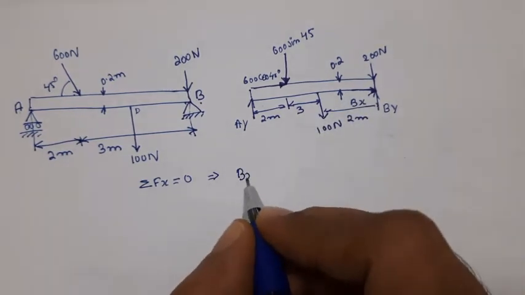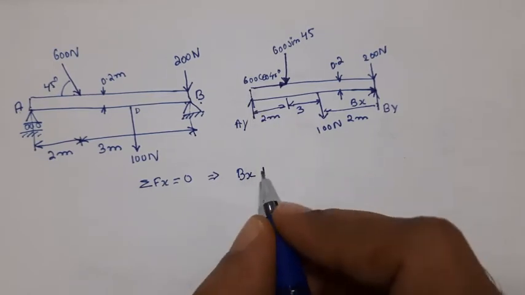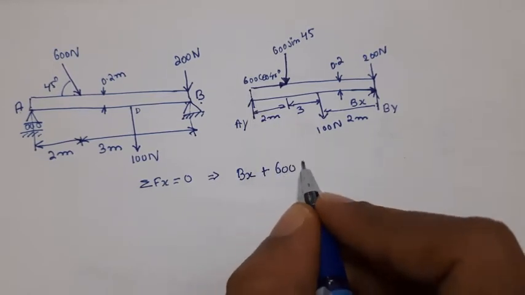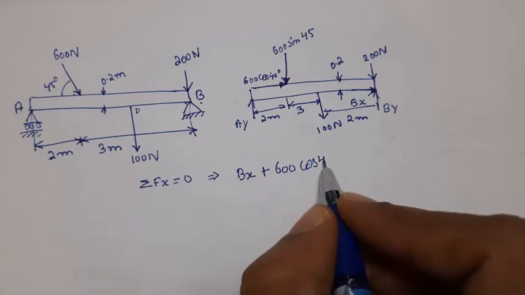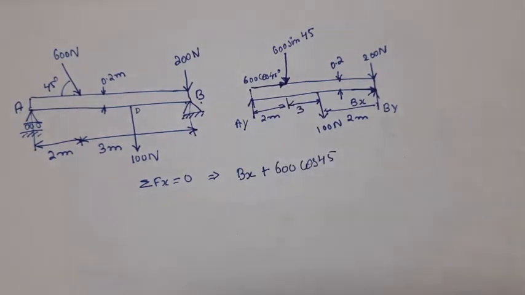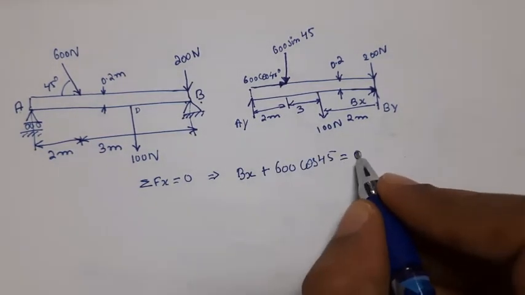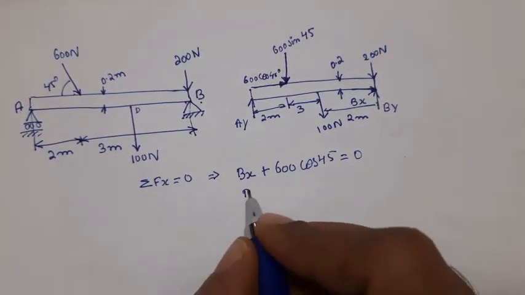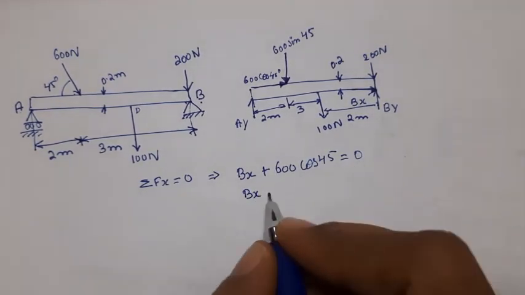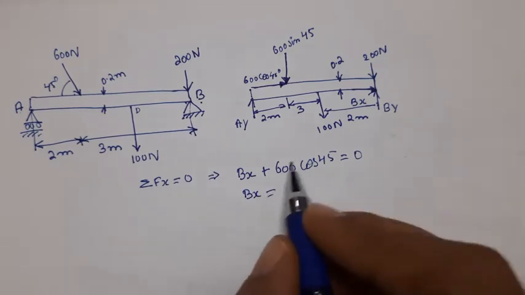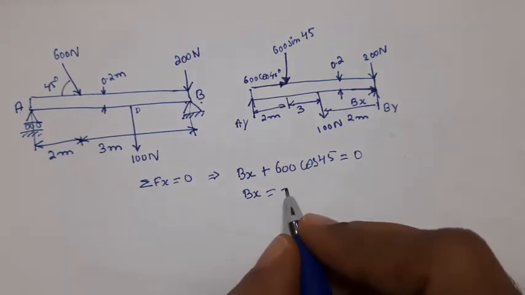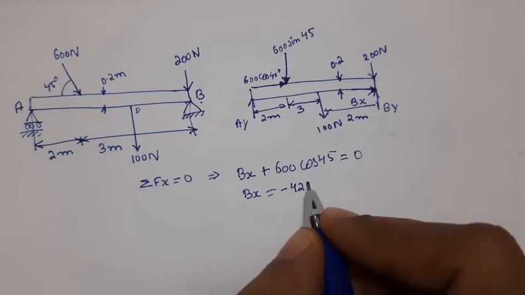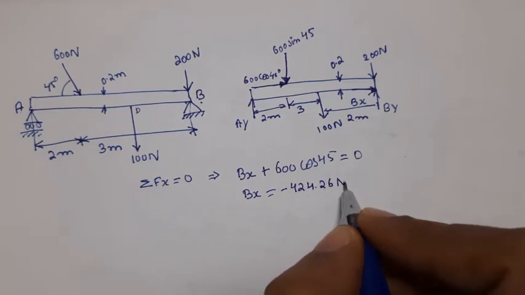So Bx plus 600 cos 45, which is one more force acting, will be equal to 0. So Bx is equal to, putting this on the other side, minus cos 45 into 600, you'll get minus 424.26 Newton.